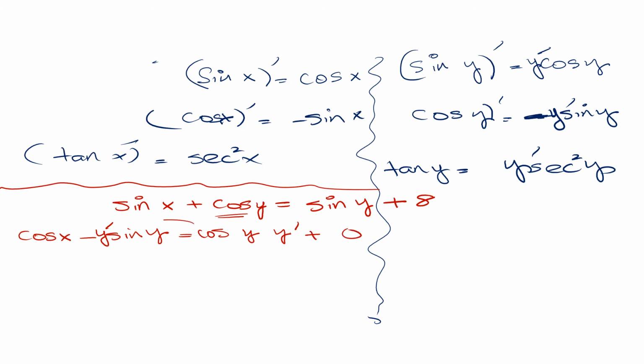Now bring all the y prime on the same side. You can get it better here. You have negative y prime, so I would suggest you bring it to the other side. That means cos y, y prime plus y prime sine y. Okay. And on this side then only cosine x is left. Now take the y prime common.